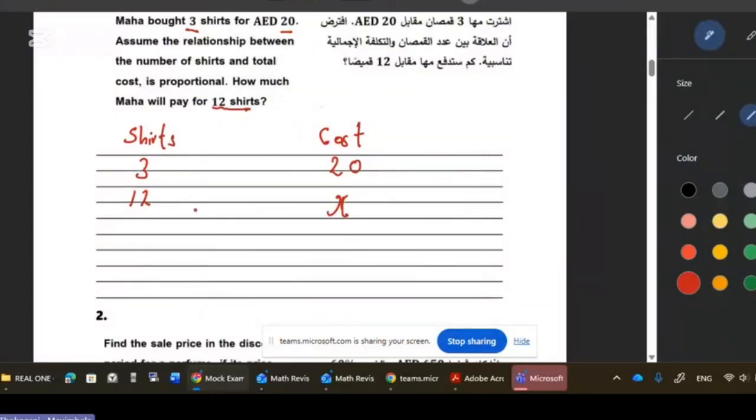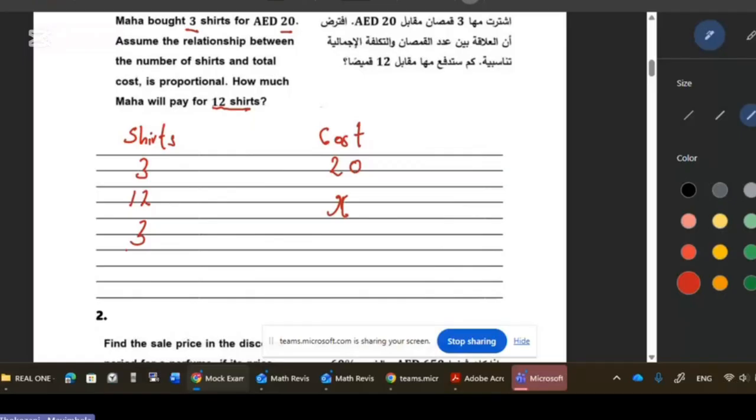Or I can just simply cross multiply in this case, okay? I can just simply cross multiply here. So remember, this is the same as, let me just do it for you like this.